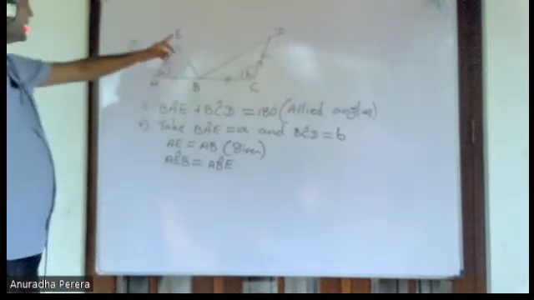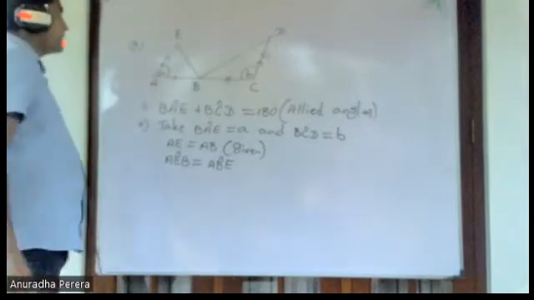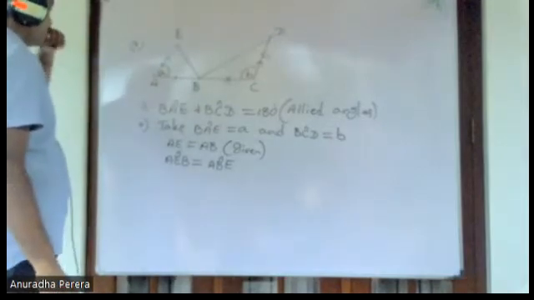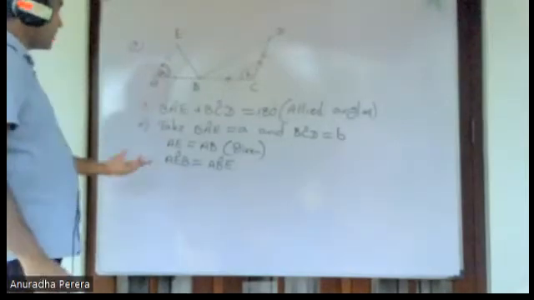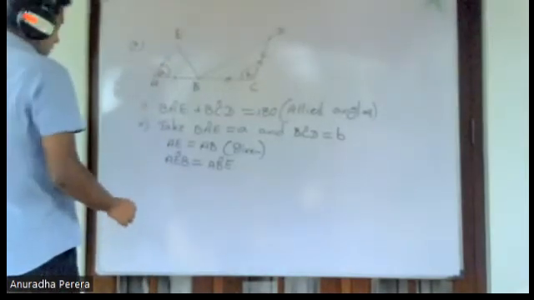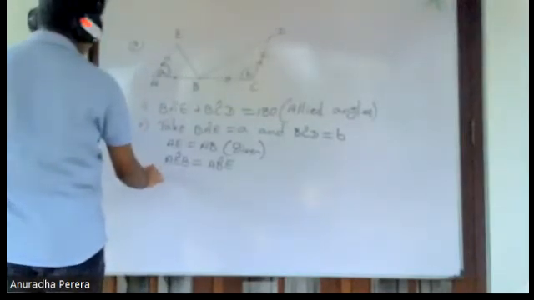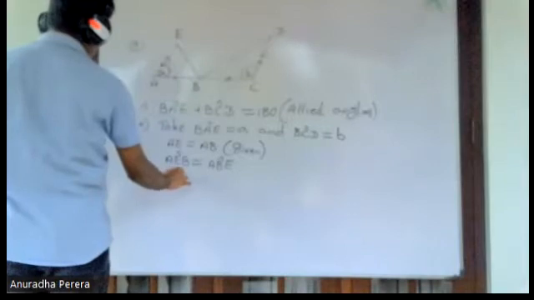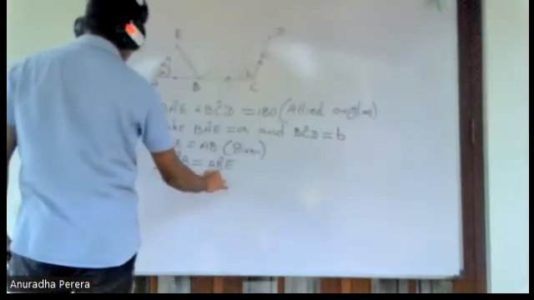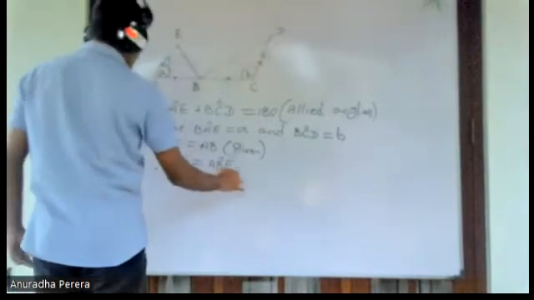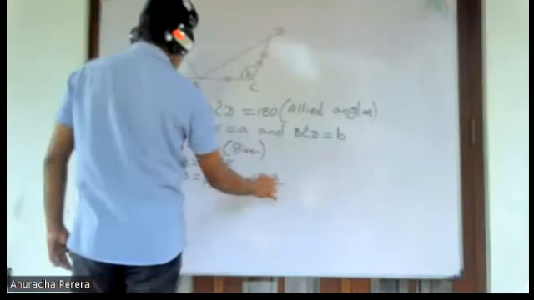You know, the sum of interior angles of a triangle is 180 degrees, right? Then if these two are equal, you can find this one. Therefore, we can say AEB equals ABE equals (180 minus A) over 2.